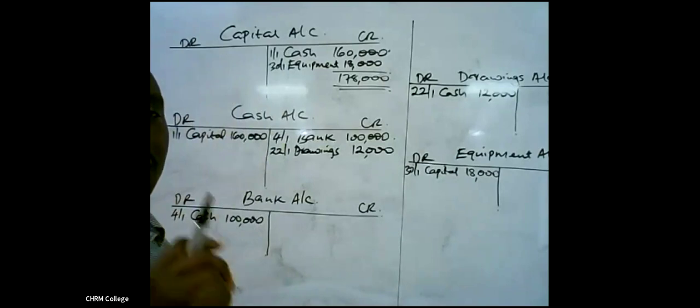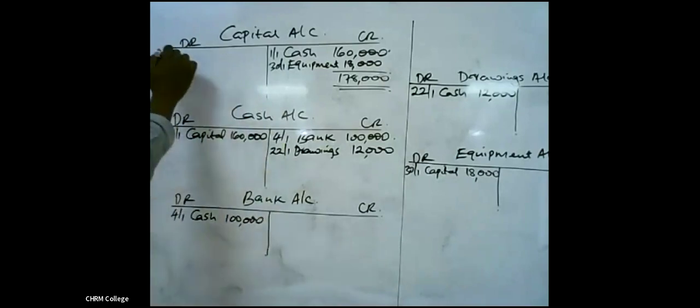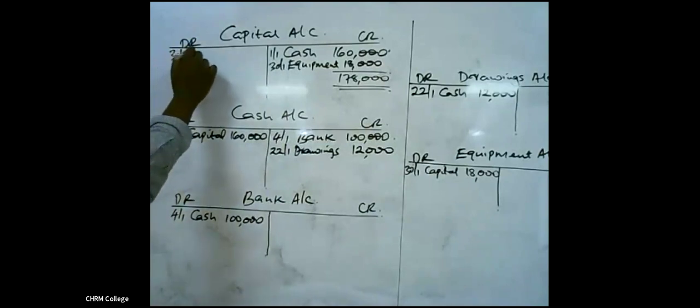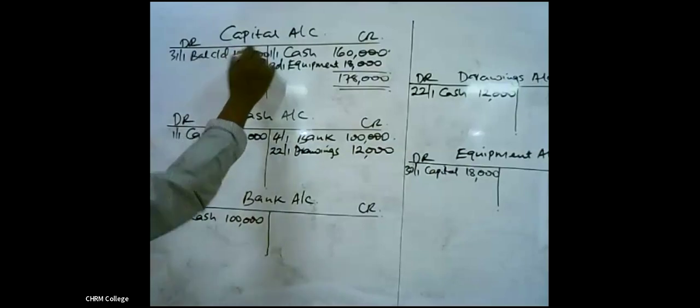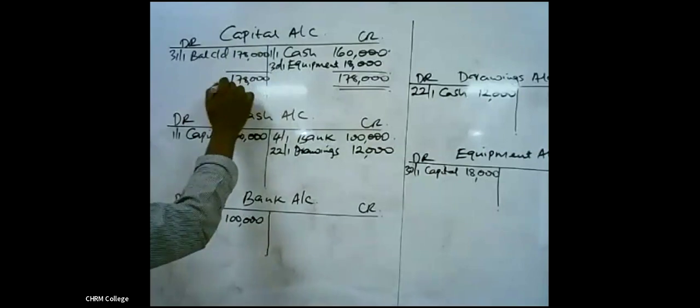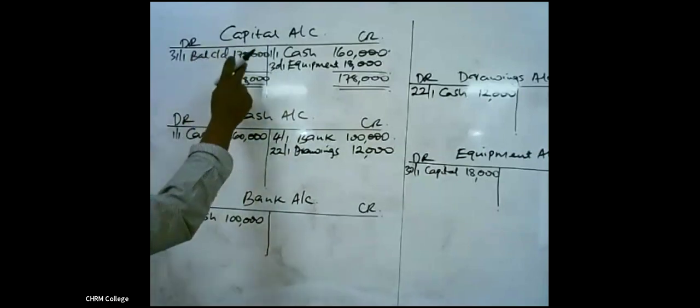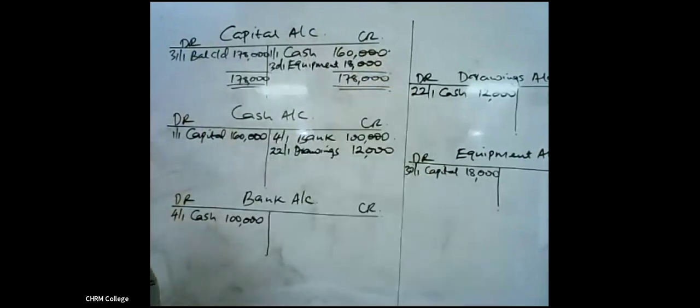And it is normally captured using the last date of that month. So we can say on 31st of January, our balance carried down is 178,000. By doing so, this side will also have 178,000, so that the figure on this side and the total on the other side will agree, so that the account can be balanced.